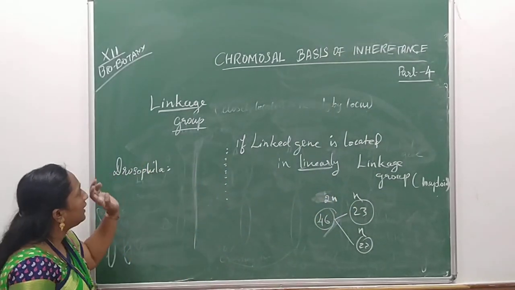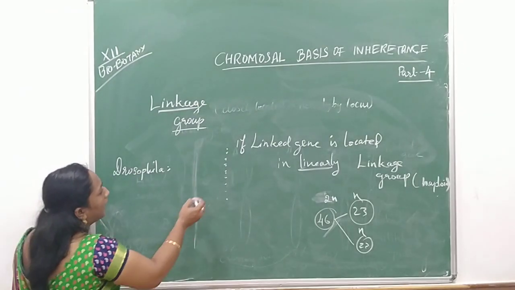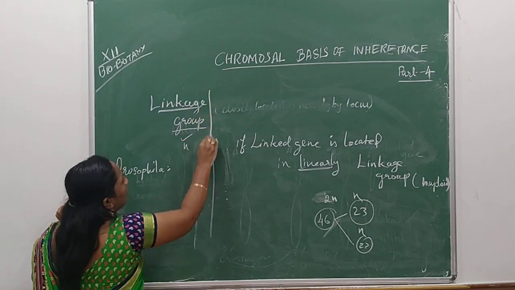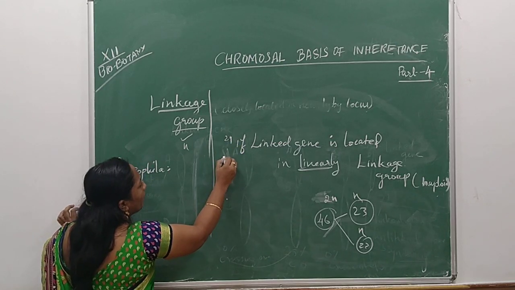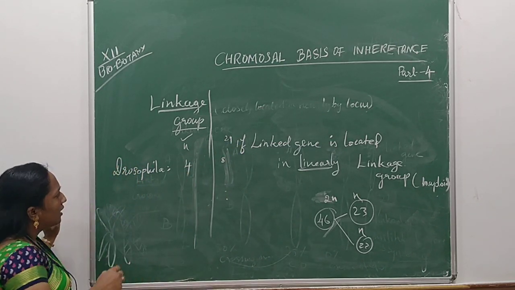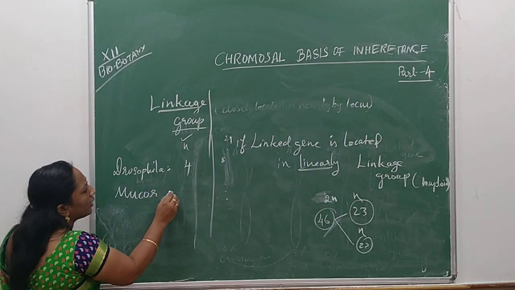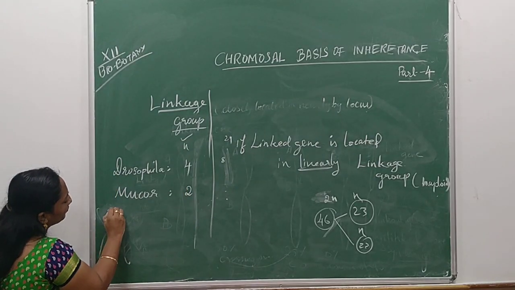Some examples for the linkage group. In Drosophila, the haploid number is the linkage group. The diploid condition, 2n, is 4 pairs, that is 8, but in the haploid condition it is 4 chromosomes. Mucor, a type of fungi, has 2 chromosomes.